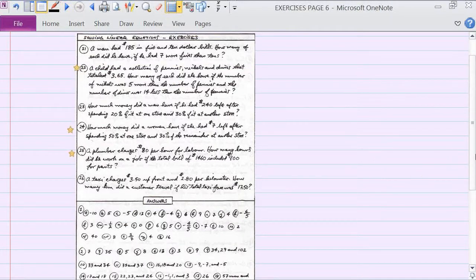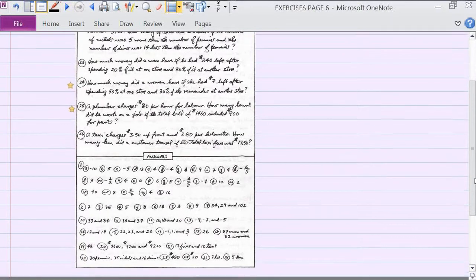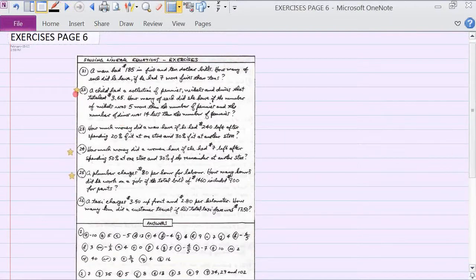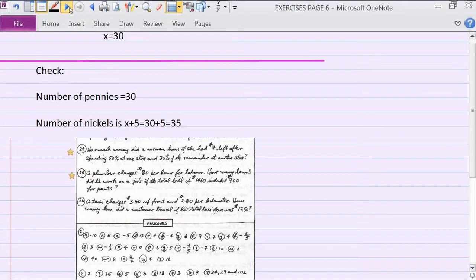Now let's move to page 6. And on page 6, we're going to do 3 problems, number 22, number 24, and number 25. 3 representative problems.